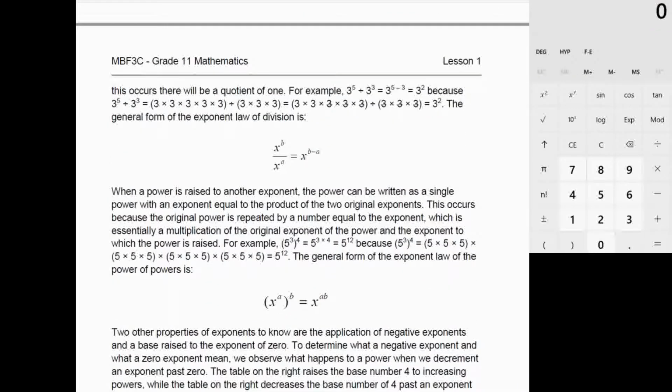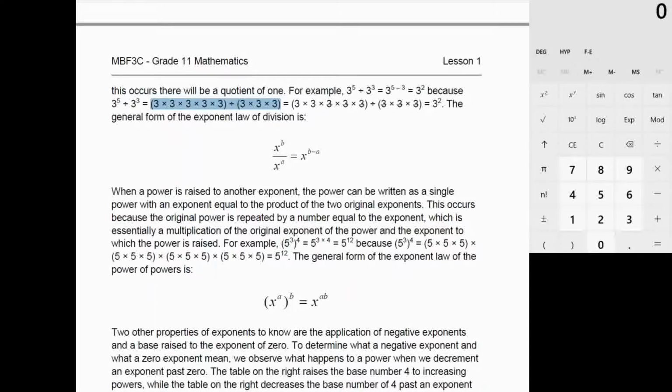Next, we're going to look at what happens when we divide exponents. So here, if I have x to the power of b divided by x to the power of a, it's equivalent to subtracting the exponents. This is called the exponent law of division, and it occurs because, as you see in this example, if I have 3 to the power of 5 divided by 3 to the power of 3, it would look like this if I expanded that.